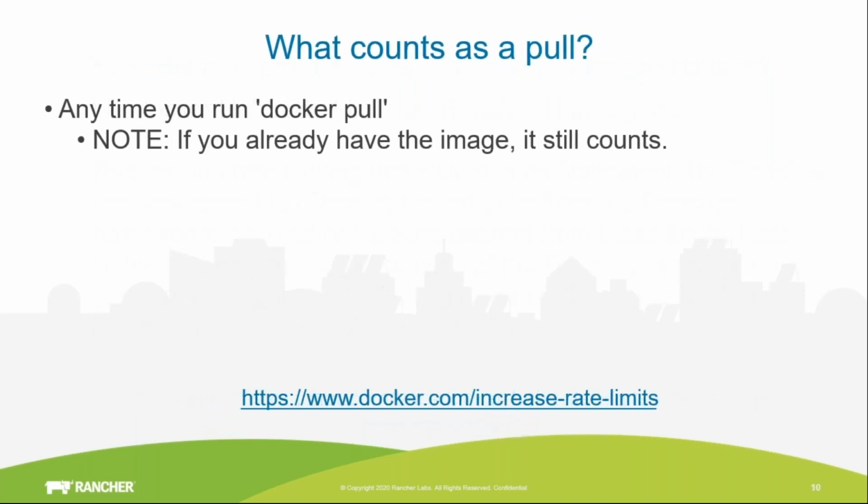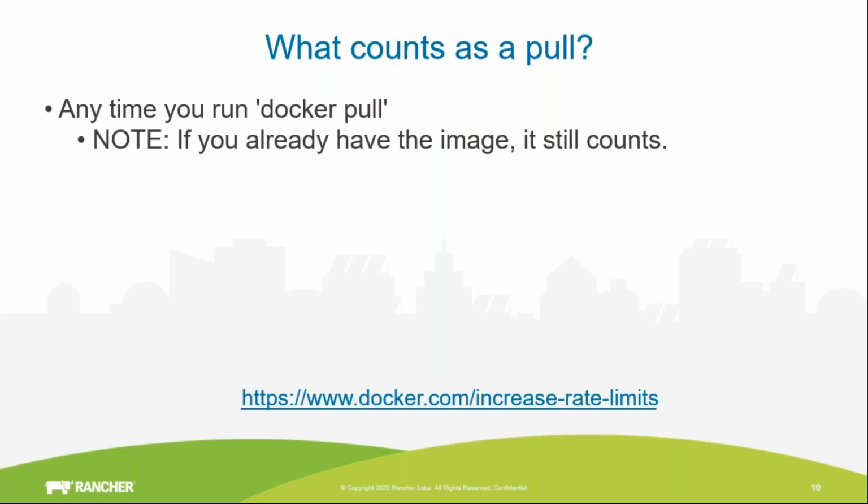So the big thing is what counts as a pull. It's real simple: anytime the docker pull command is run. And this trips a lot of people up. That also counts if you're doing a docker pull and you already have the image. Guess what? It still counts. How Docker Hub classifies it is anytime an image request is sent to them, whether you pull down the data or you don't, it's called a manifest pull.